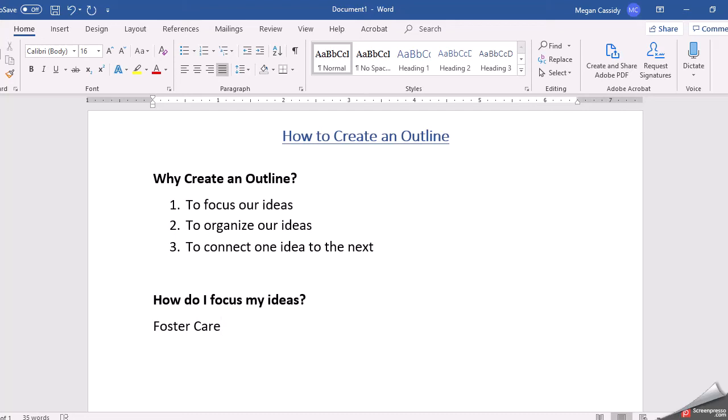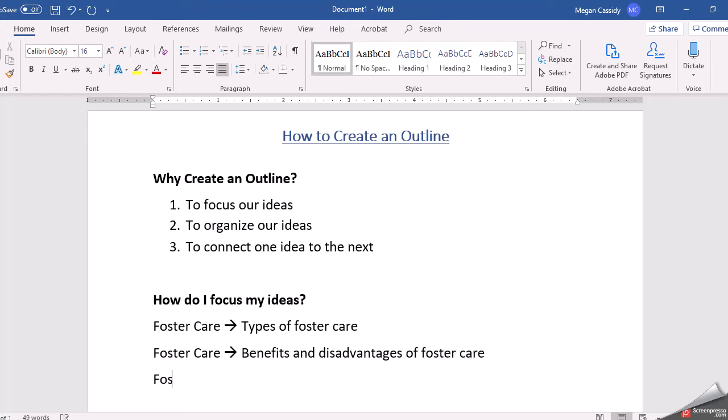Okay. Let's say that student A wants to focus in on basically the types of foster care. Student B wants to look at the benefits and disadvantages of foster care.